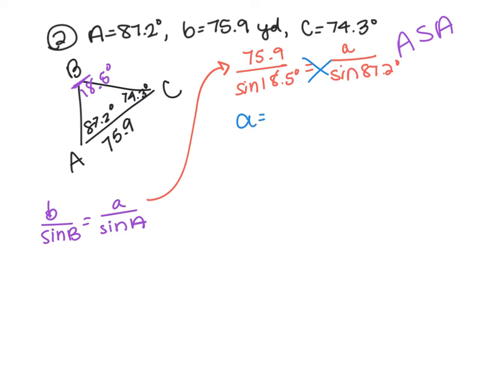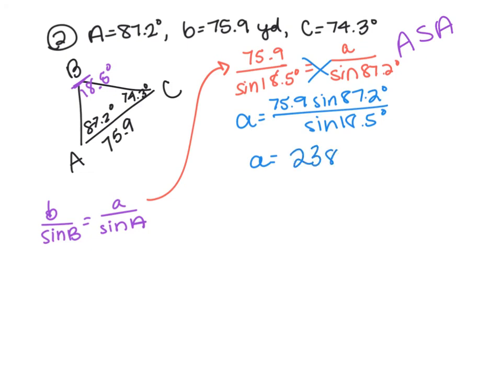So a is going to be 75.9 times sine of 87.2 degrees, all divided by sine of 18.5 degrees. Plug that into your calculator and you get 238.9. So there's side a.